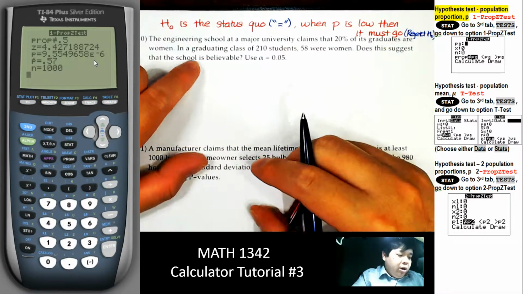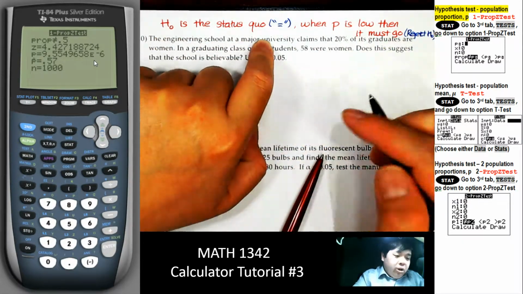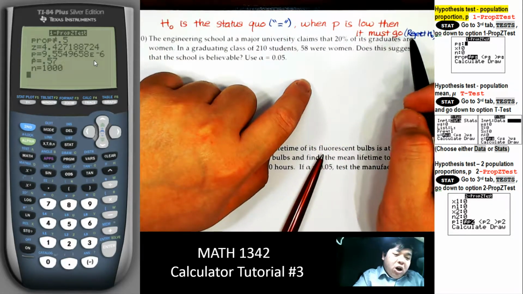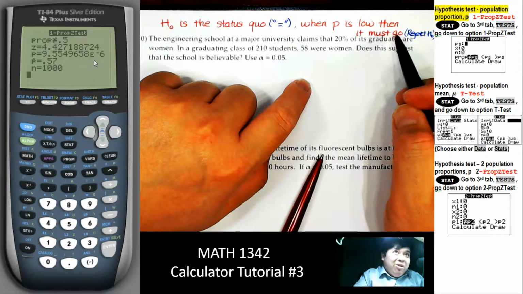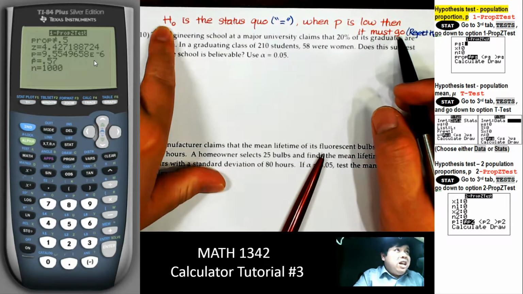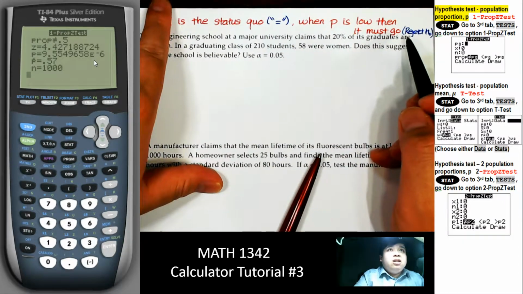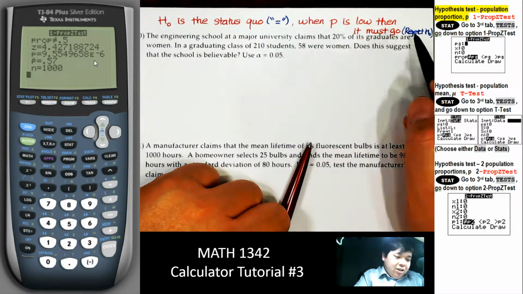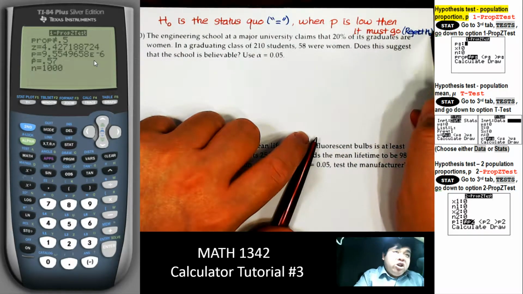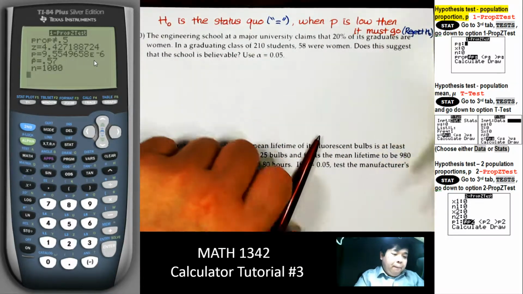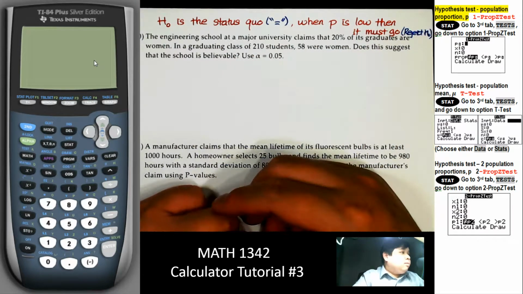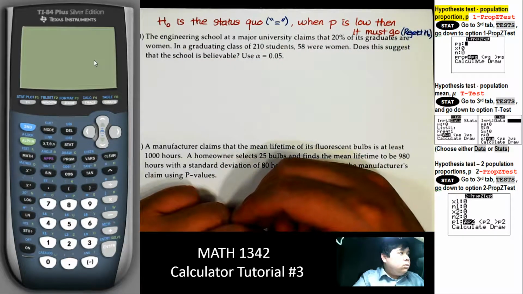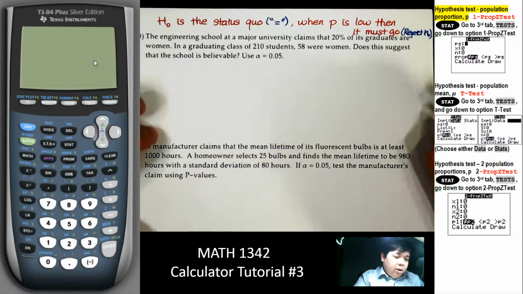So H0 is the status quo. When P is low, then it must go, meaning this one has to go, meaning we reject it. So if P is low, then we will reject the null hypothesis.